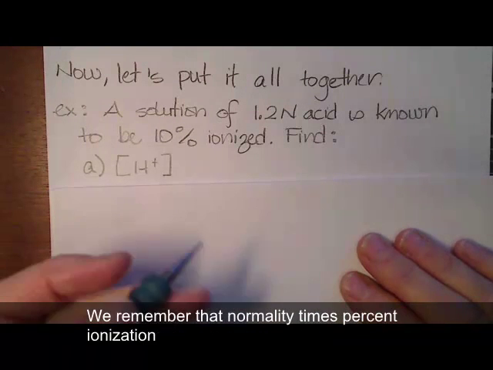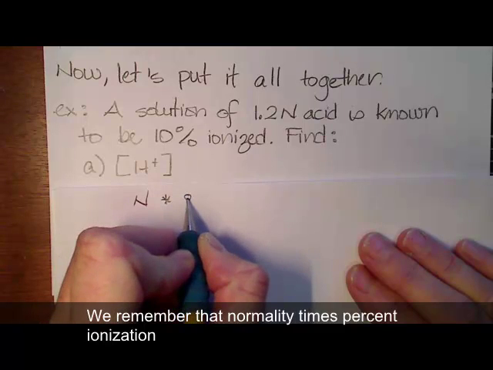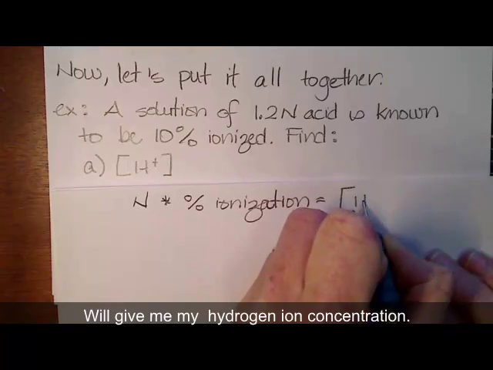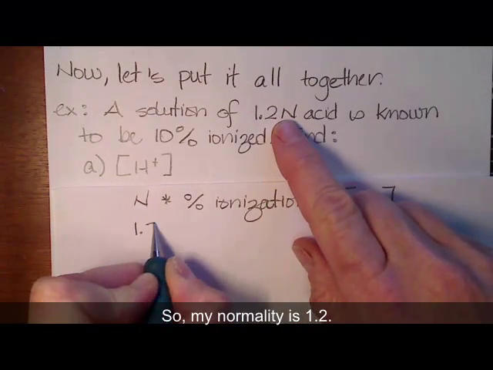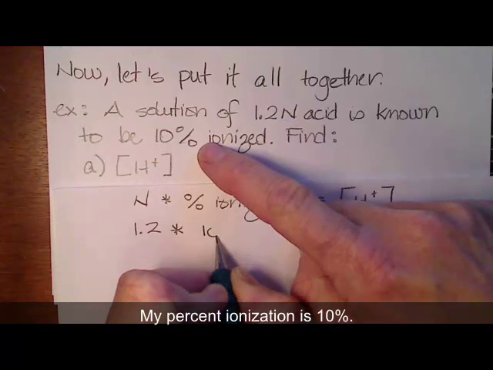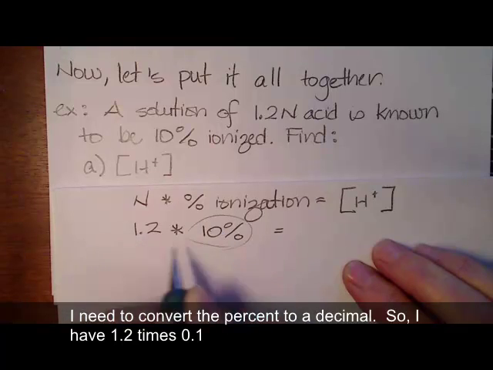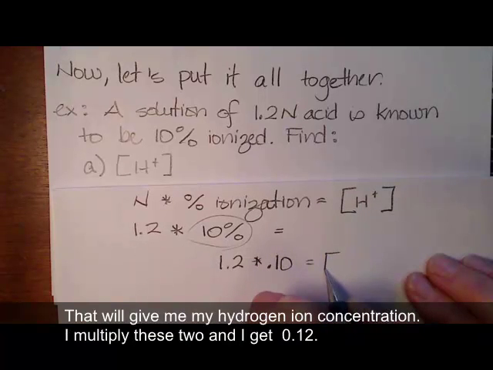We remember that normality times percent ionization will give me my hydrogen ion concentration. So my normality is 1.2. Percent ionization is 10%, so I need to convert this to a decimal. So I have 1.2 times 0.10. That'll give me my hydrogen ion concentration.